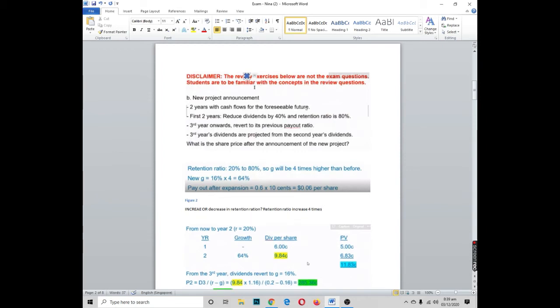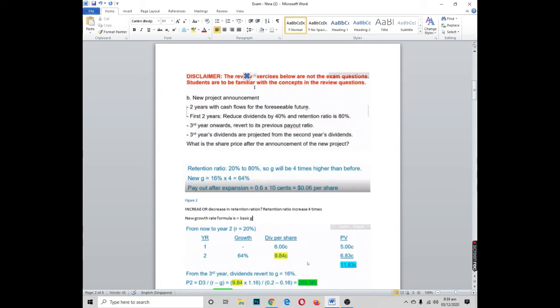Now the next step before solving the question is to find the new growth rate. The new growth rate formula is basic growth rate multiplied by the increase or decrease in retention ratio.